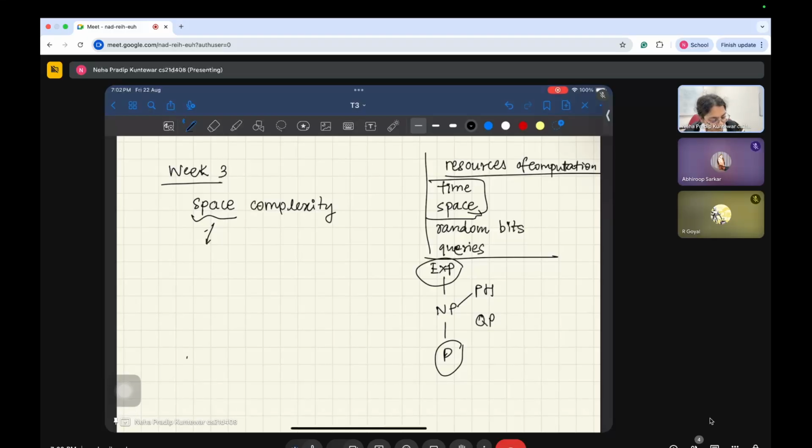We have something called PSPACE and something called Logspace, or simply L. How do we define that?